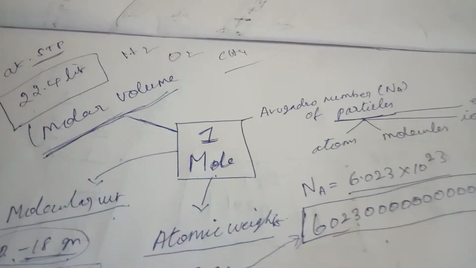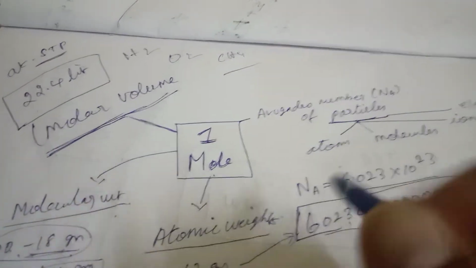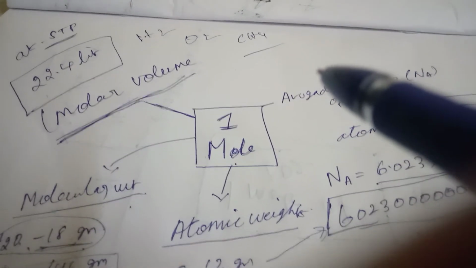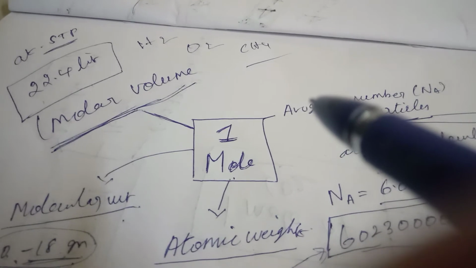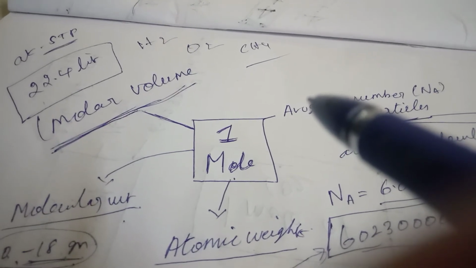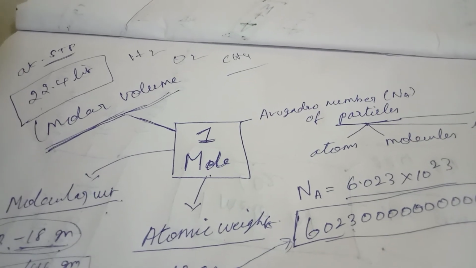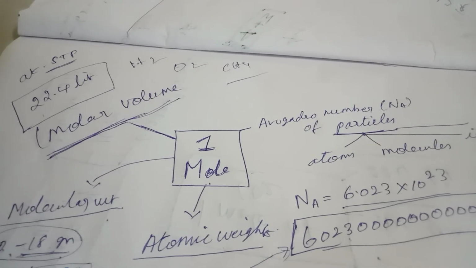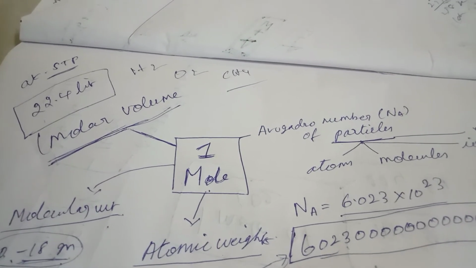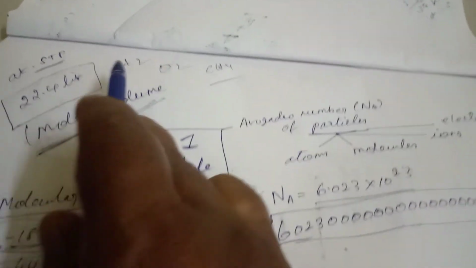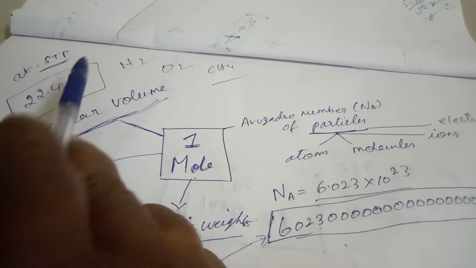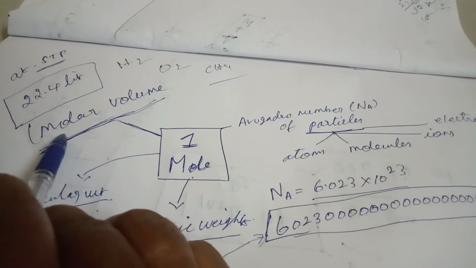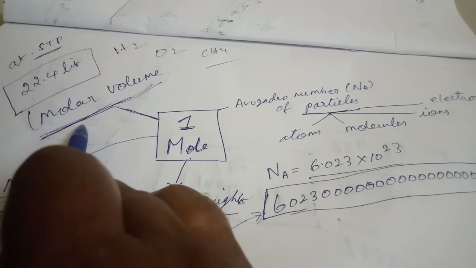At the standard temperature and pressure, the temperature will be 298 Kelvin, and the pressure will be 1 atmosphere. That is standard. So at standard temperature and pressure, the volume is 22.4 liter for any gas. That is called molar volume.